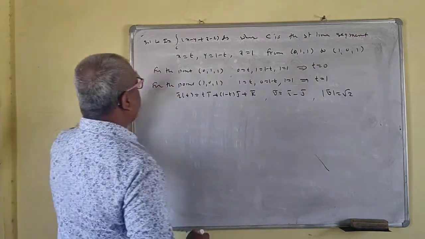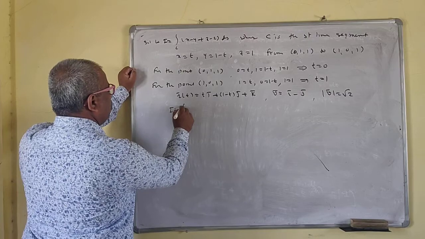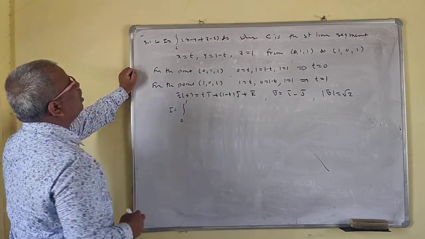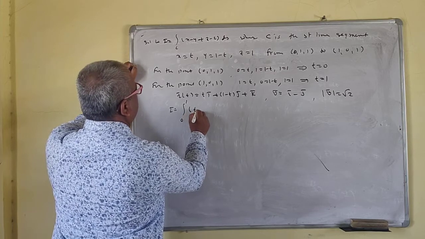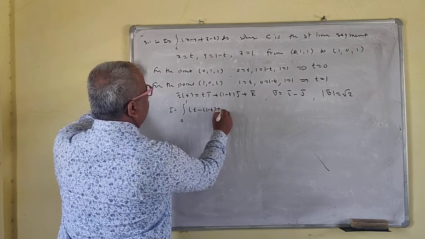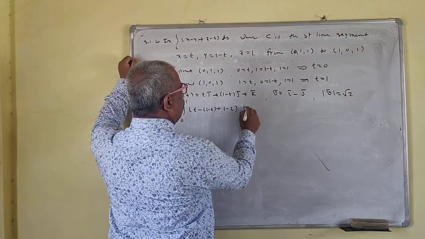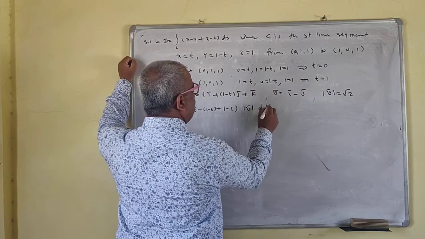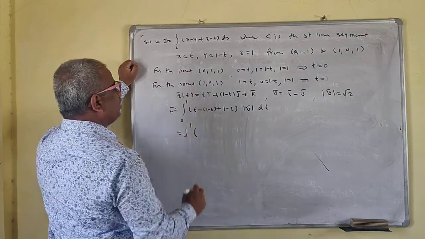Now we'll integrate this. So R is equal to the integration from 0 to 1. X is t, minus 1 minus t, plus z. Z is 1, minus 2, into mod of v bar into dt. We'll simplify this.